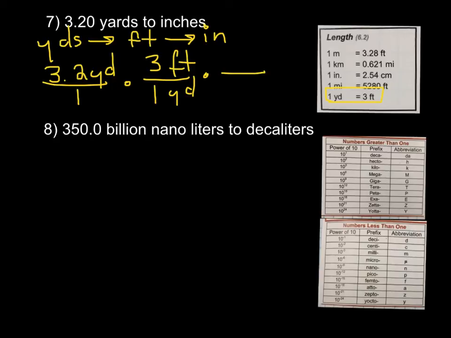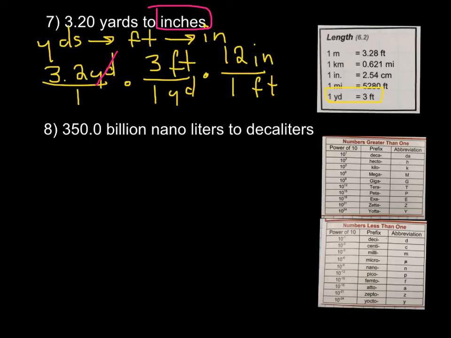Now we want to go from feet to inches. So our feet is going to be on the bottom, and then our inches on top. So 1 foot is equal to 12 inches. The way you can tell that you're doing it correctly is that you're going from yards to inches, so you want to end up with only inches left over. If you've got a unit of measure on the numerator and the denominator, they cancel.